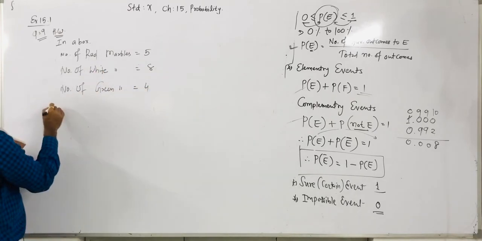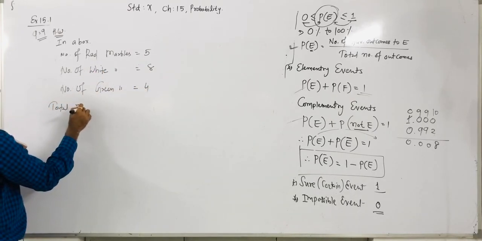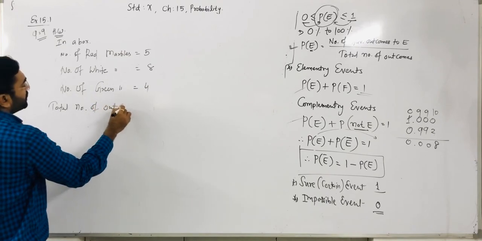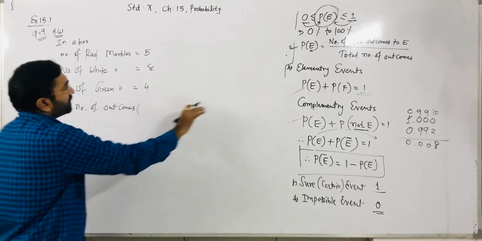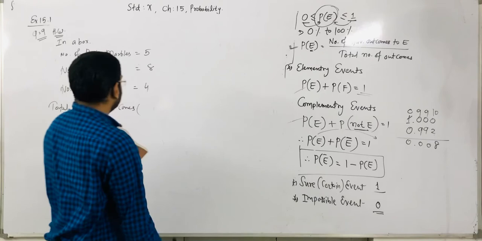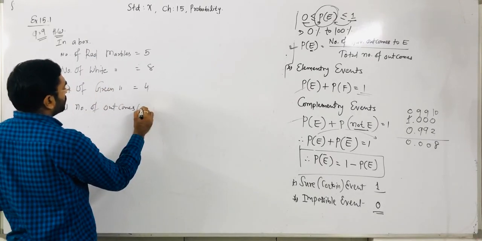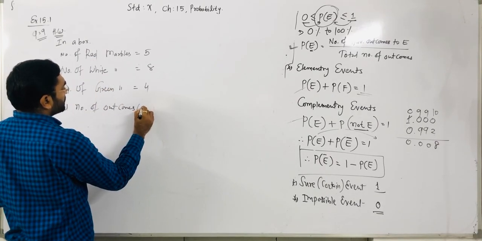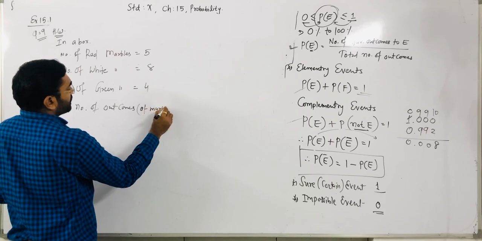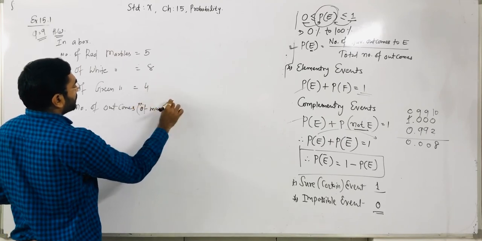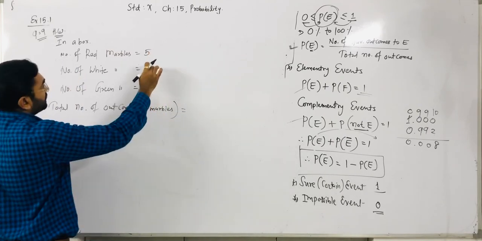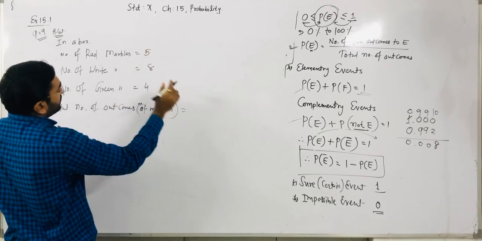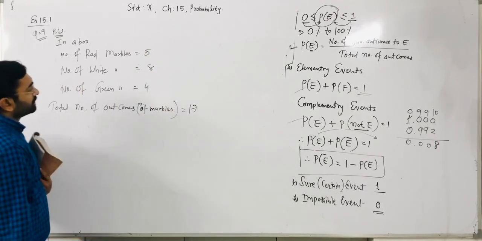So the total number of marbles, or you can say the total number of outcomes, which we require in the denominator of any probability event. Add all of these, right? So we get 17 only, right?